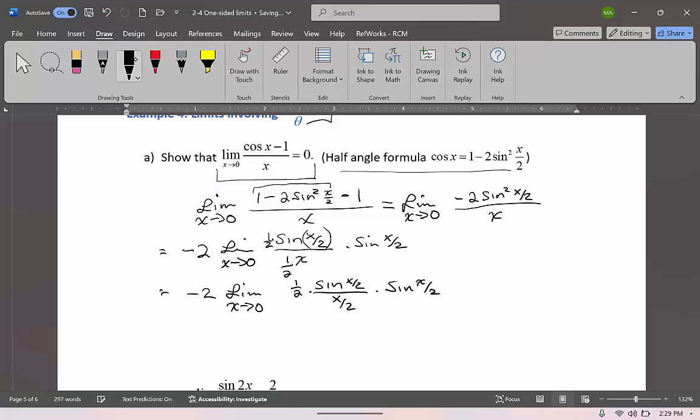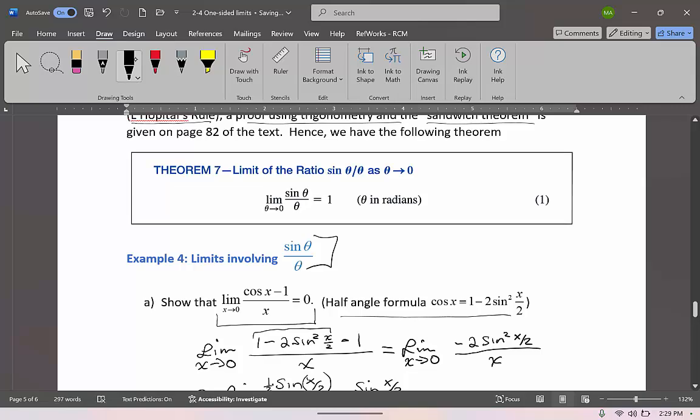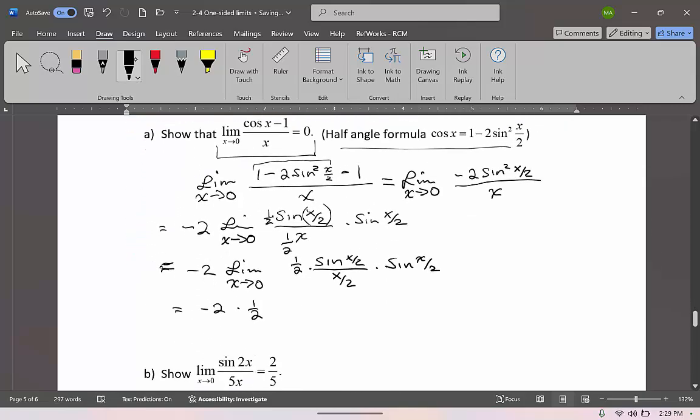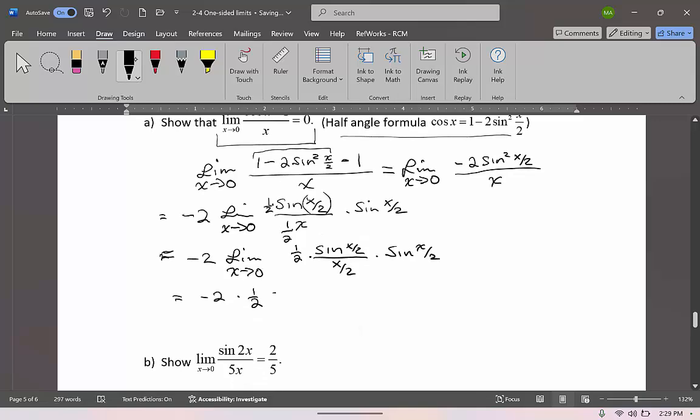And now using our property that the limit of the product is equal to the product of the limits, this is going to be negative 2 times 1/2. That's the 1/2 there. And then the limit of sine of x over 2 divided by x over 2, according to this theorem, should equal 1, where theta is x over 2 in this case. So this is going to be times 1.